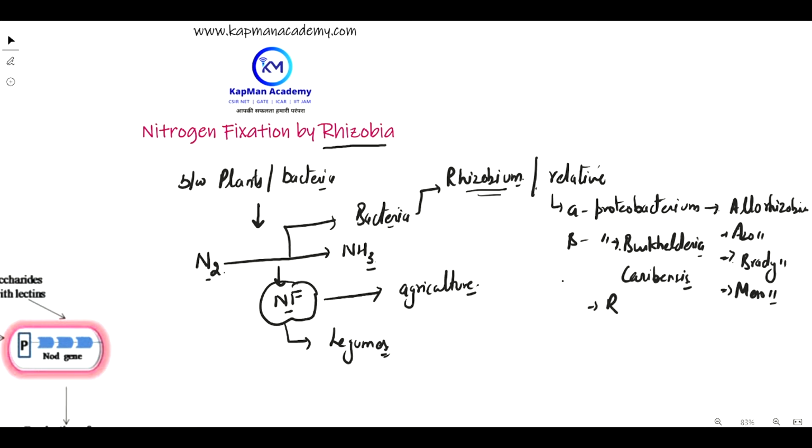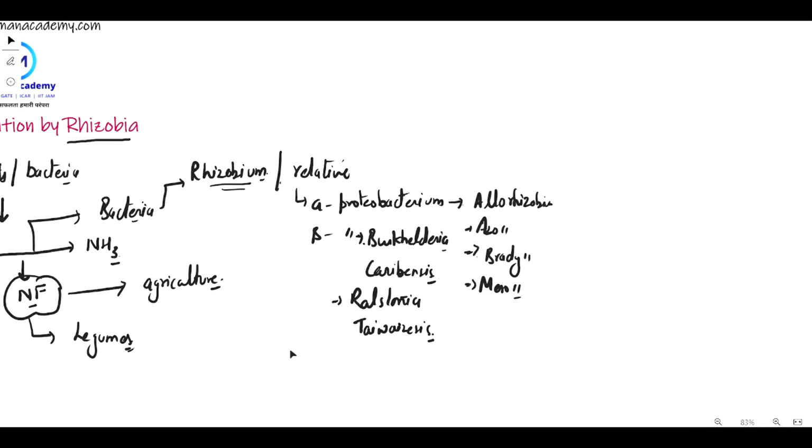Another one is Ralstonia taiwanensis. They are also responsible for nitrogen fixation. Together, Rhizobium, alpha proteobacteria and beta proteobacteria are known by the name Rhizobia.